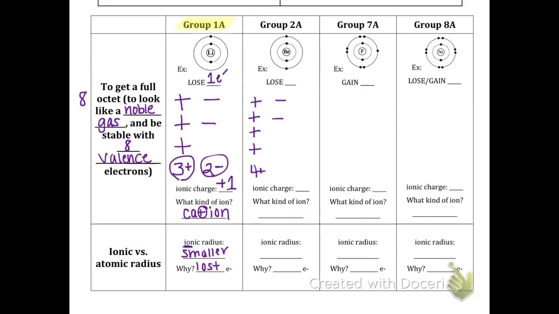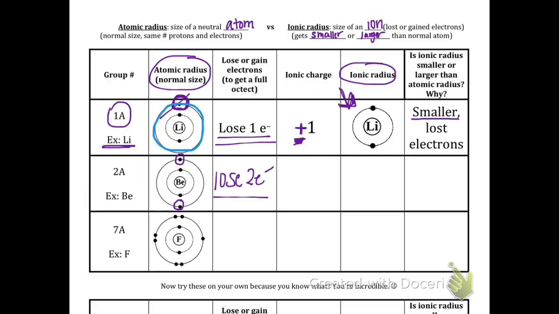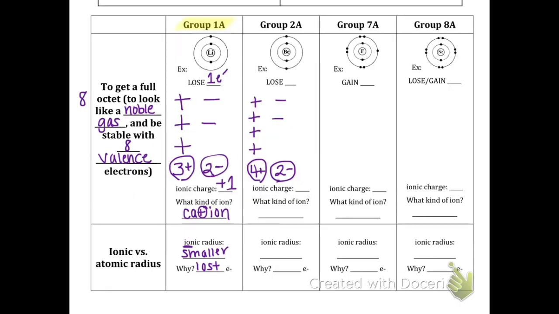And now I am with 2 electrons. So I have a plus 4, a minus 2. So what is my ionic charge? My ionic charge then becomes positive 2 because I have 2 more plus signs than negative signs. So this is positive 2. If it's positive, we call this a cation.